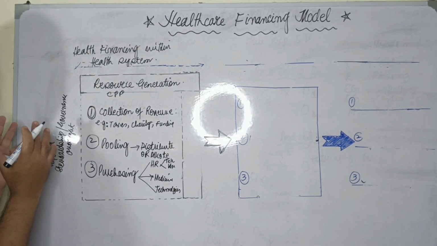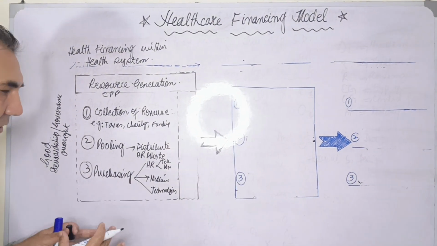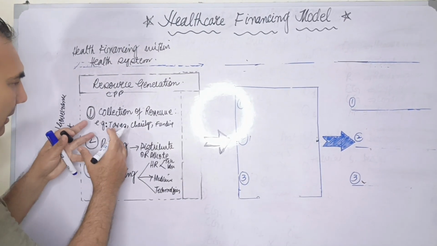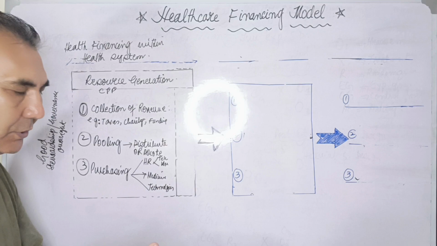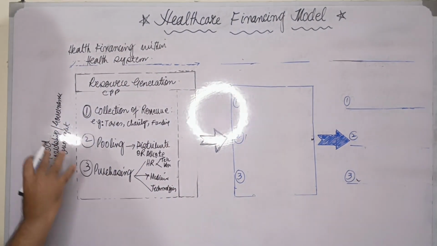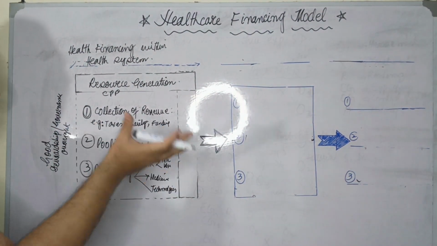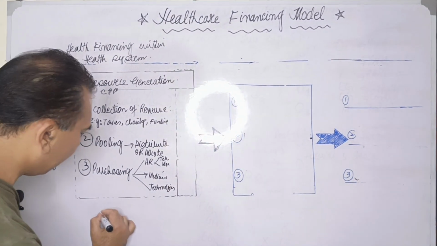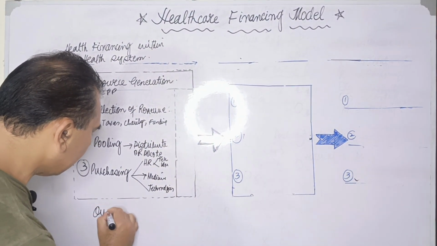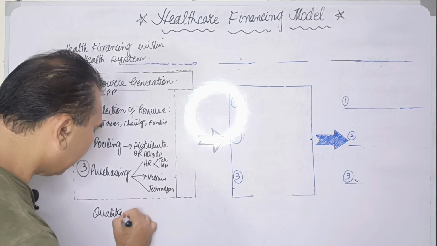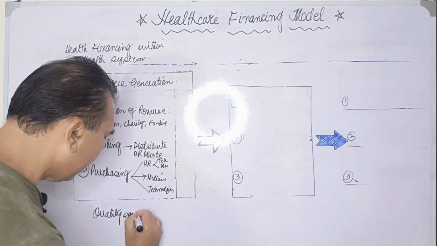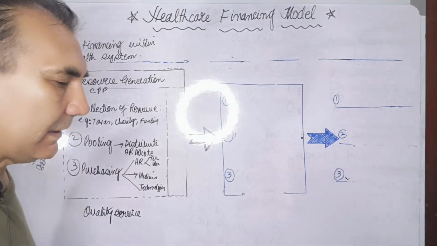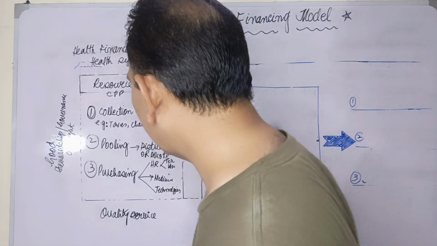Without good governance and stewardship or oversight, strict monitoring and supervision or evaluation, these three mechanisms will deteriorate. When you have good governance, stewardship, and oversight, and allocate on these three mechanisms, the good output will be quality services. Quality services will be the output of this resource allocation.